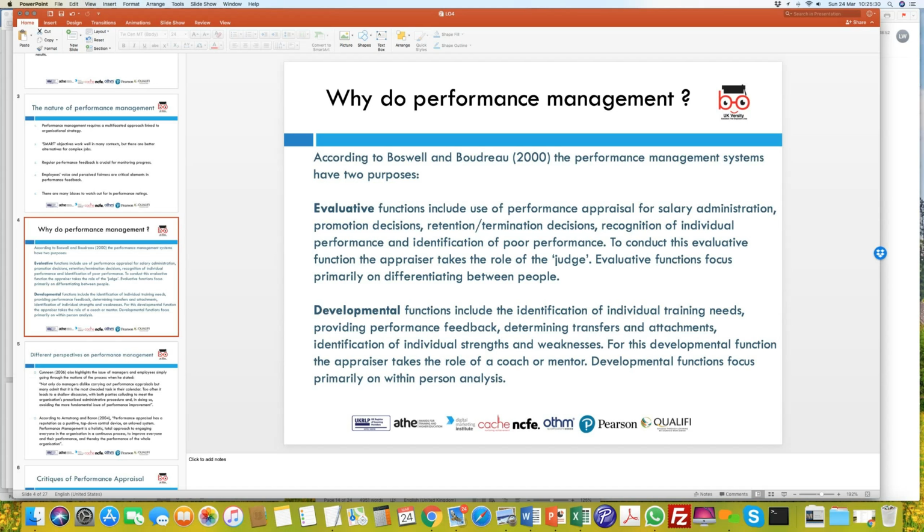In the developmental side of things, the key responsibility with HR and your manager is to identify the gap areas, and they understand that you have the potential. They also understand that you are performing well, you're trying your best, you're putting in your best efforts.